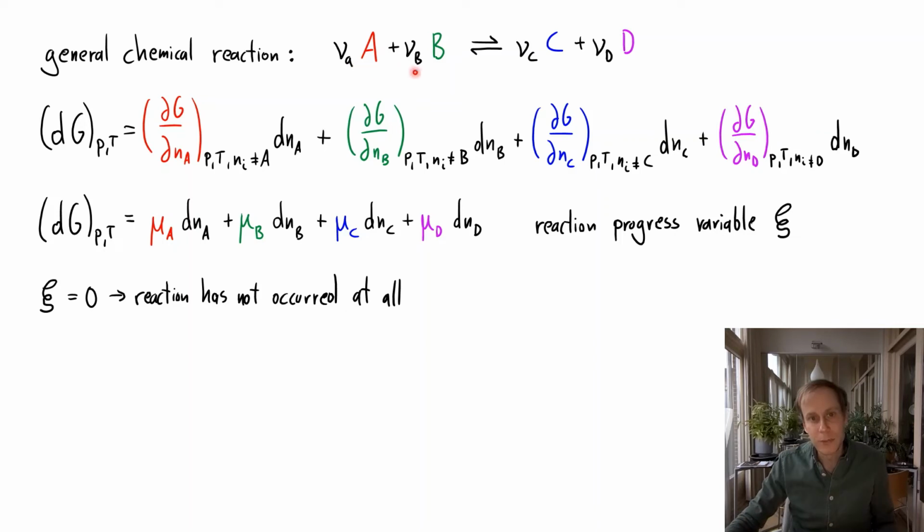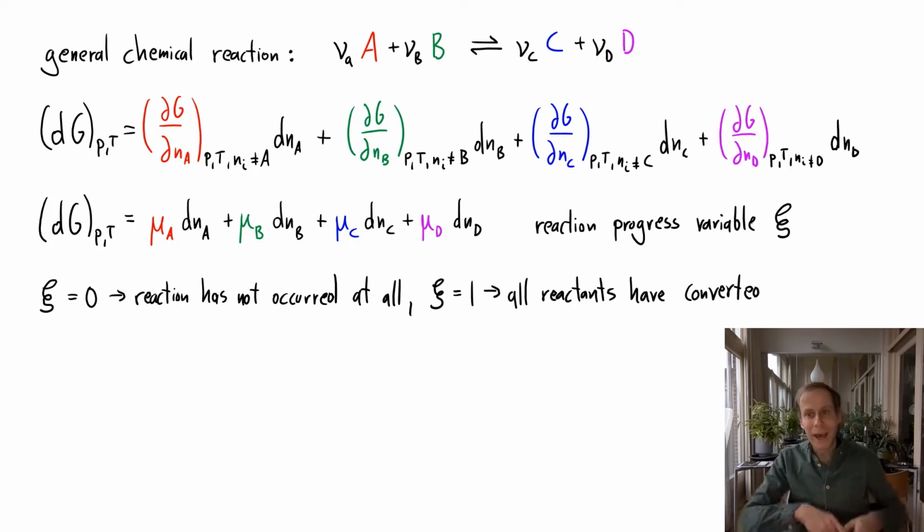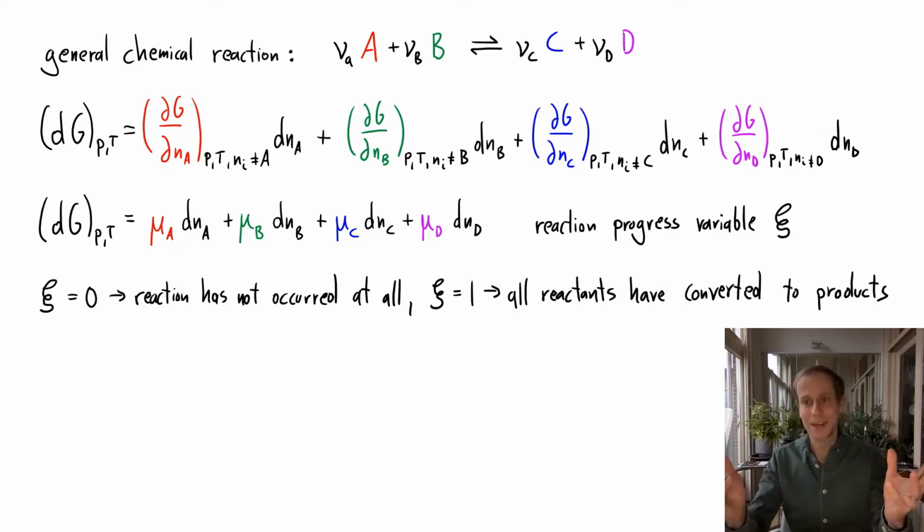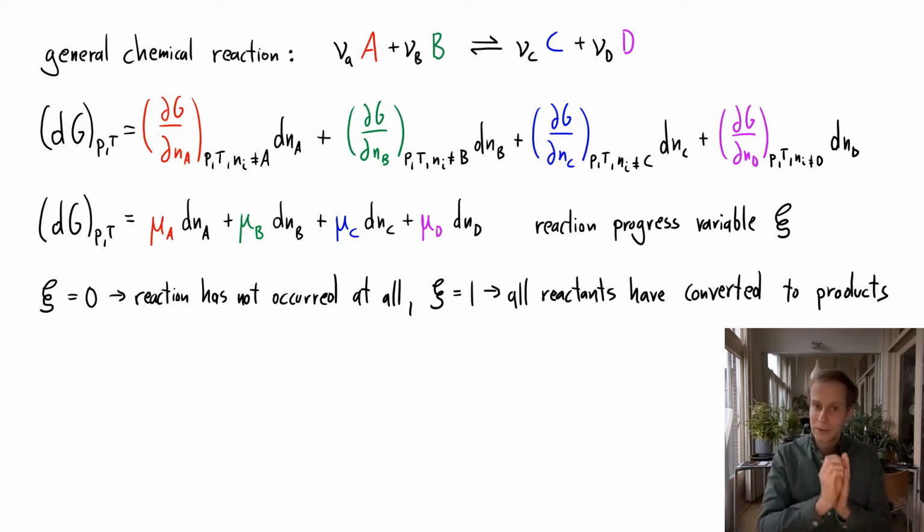Everything is still pure reactants A and B. On the other hand, if squiggle is 1, that means that all reactants have converted to the products, right? So squiggle can range from 0 to 1, simply. That's kind of counting the progress of the reaction, okay?